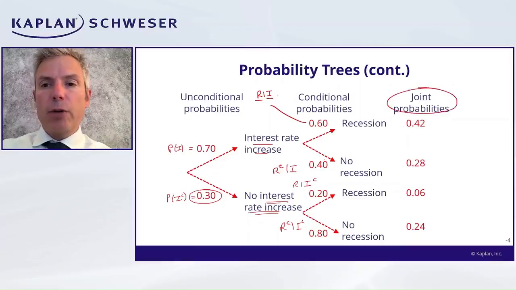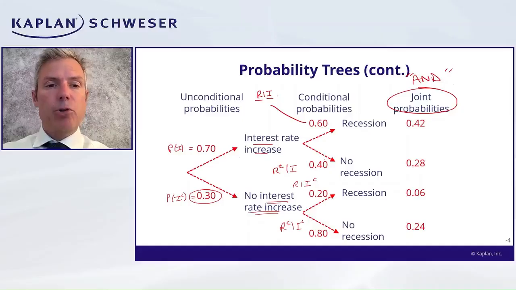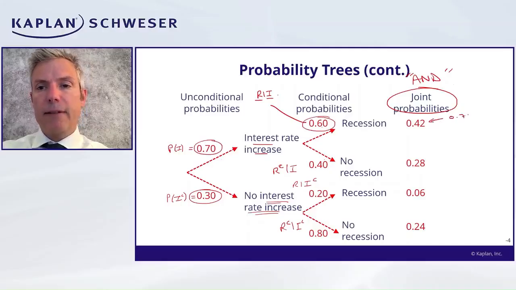So then you can get your joint probabilities, your AND probabilities, by just multiplying along the paths of the tree. So to go along this path, up and up, if you like, you've got 0.7 multiplied by 0.6, right? That is the probability of rates going up and there being a recession. To go along this path, you go up the 0.7 path and then down the 0.4 path.